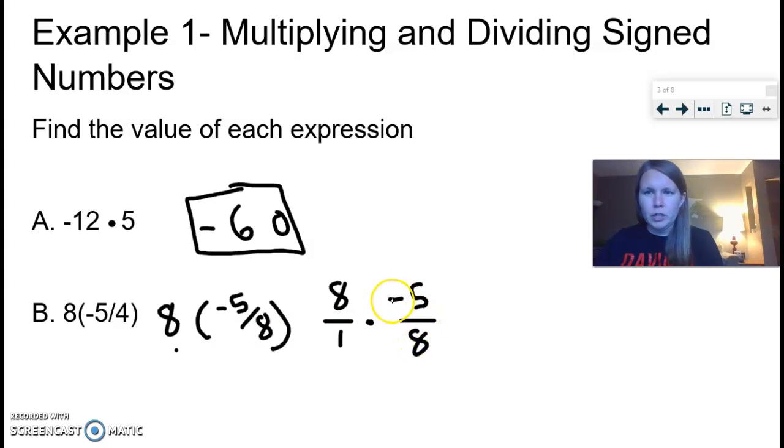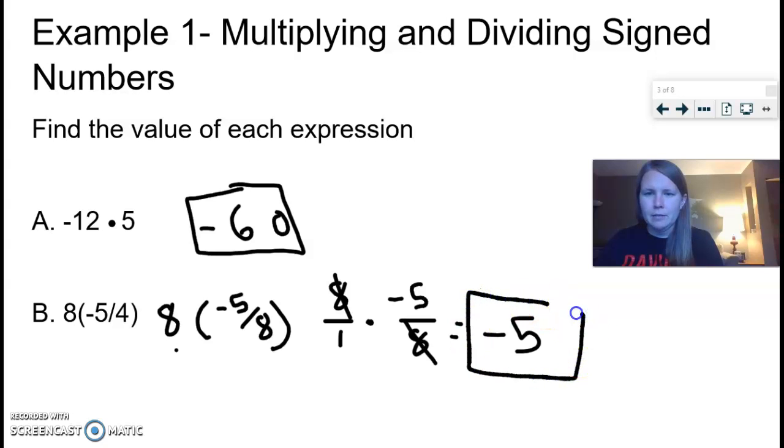Usually we try to keep the negative at the top. You can multiply across when you multiply fractions, but since I have an 8 on the top and an 8 on the bottom, they cancel each other out. So I'm left with 5 over 1, or negative 5. Remember, one was positive and one was negative, so I keep that negative. That is my solution, or my product.